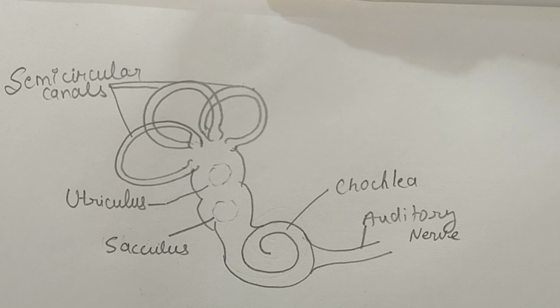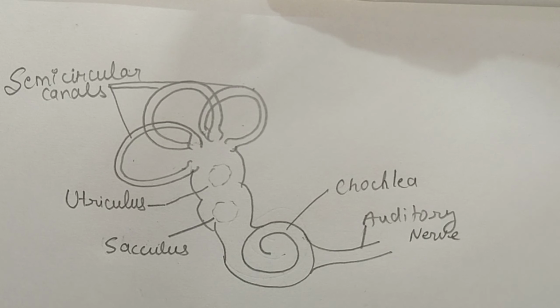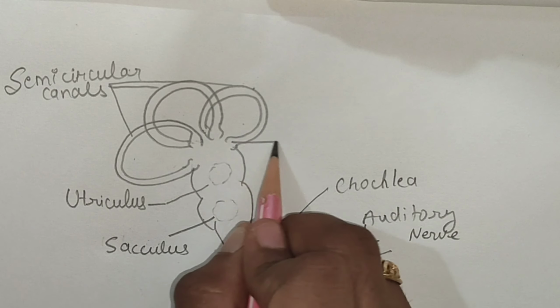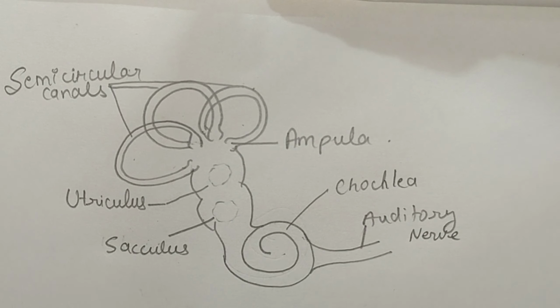Diagram of inner ear: we have to draw cochlea, sacculus, utriculus, three semicircular canals and the auditory nerve. Now this portion is called ampulla. It's okay if you don't label it. It is not very important.